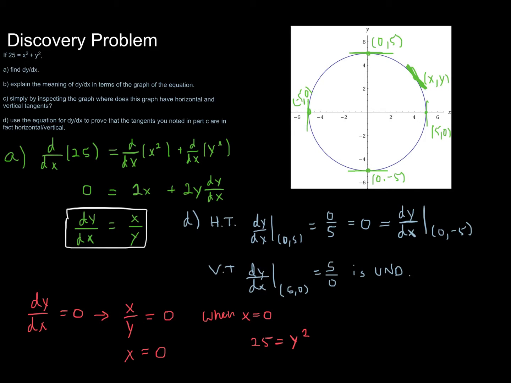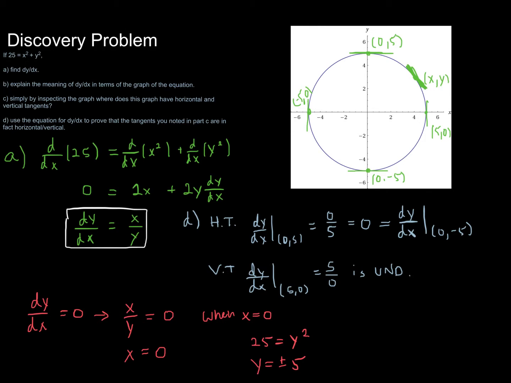So taking the square root of both sides, I know that y can then be equal to positive or negative 5. So the 2 points at which I have a horizontal tangent will be (0, 5) and (0, -5). Those will be my 2 points where I'll have horizontal tangents.